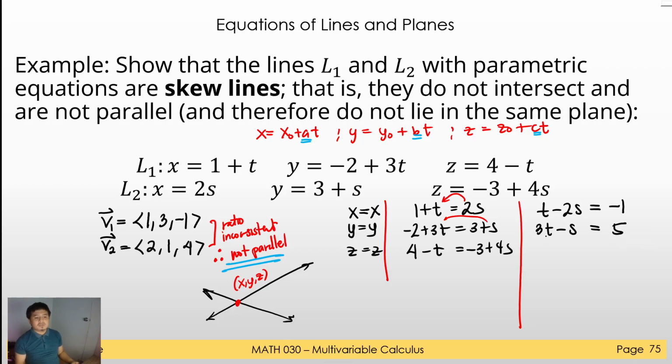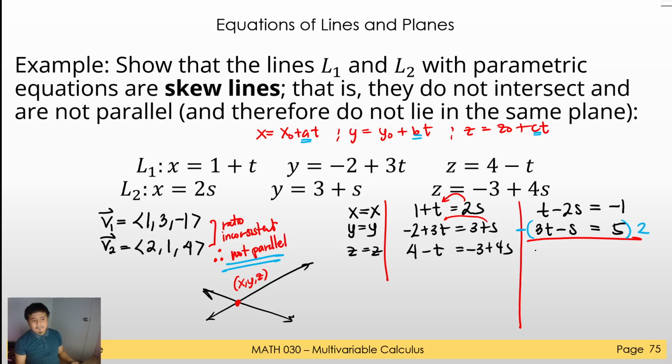To solve this system of linear equations, you can do a variety of things, but the fastest way, if this is just a 2 by 2 system, is to multiply, let's say, this one by 2. Why did I multiply this by 2? So that I can cancel this s. So multiply this by 2 and then subtract these two equations.